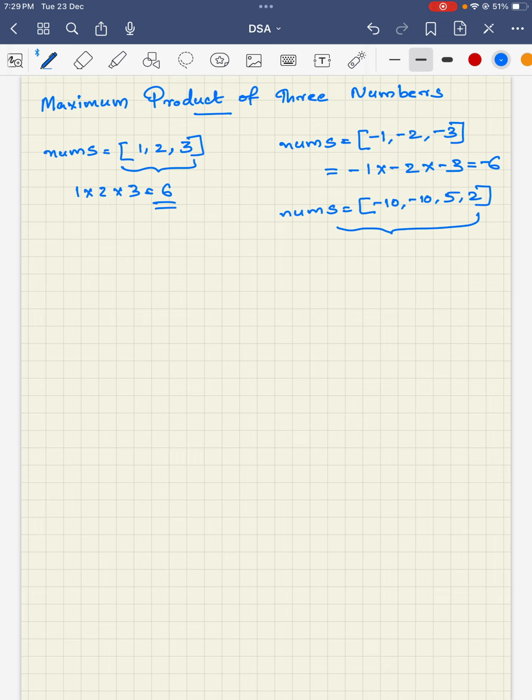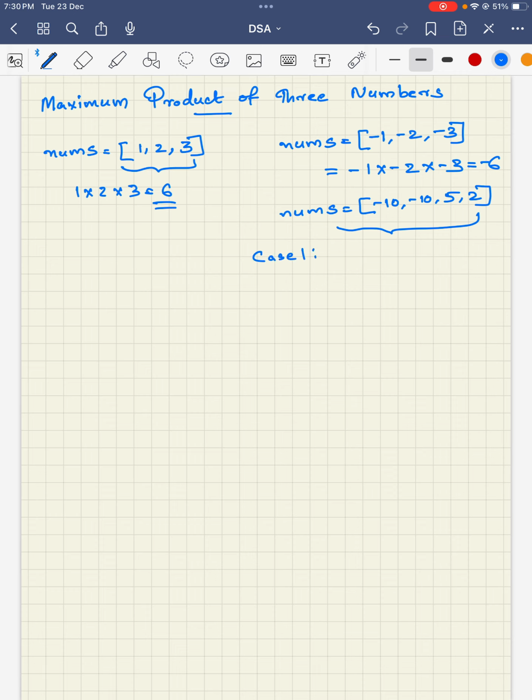There is an easier way to find the maximum number we can get after the product of three numbers. One possibility is to pick the three largest positive numbers.